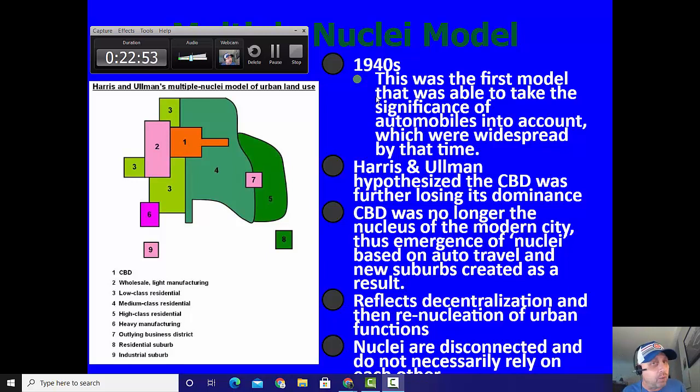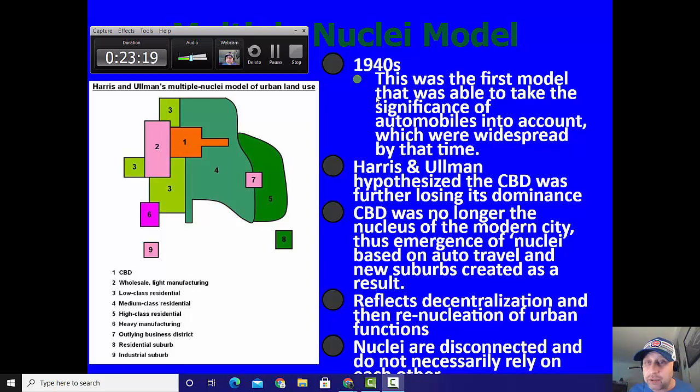In fact, what you see, they argued, is multiple nuclei begin to emerge, and you'll have an airport potentially pop up in one area of the city. You may have a seaport. You may have a high tech business area that emerges, right, in an area. Maybe a business park, right, emerges in an area where a lot of high rises want to locate.